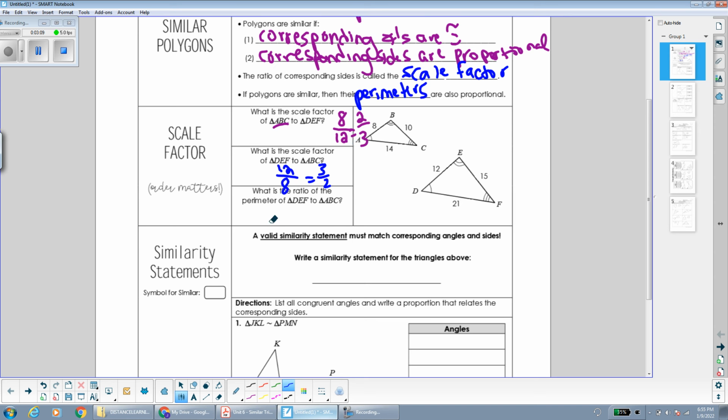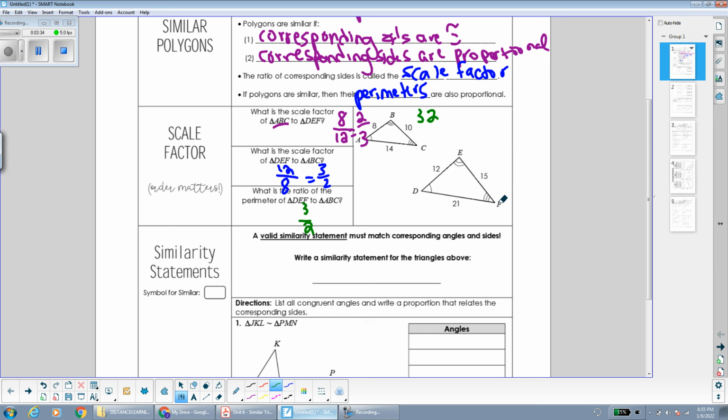And here it says, what is the ratio of the perimeter of triangle DEF to triangle ABC? So it would be the same thing. It would be 3/2. And you can see that if you add up all the side lengths of the small triangle, 8 plus 10 plus 14, that's 32.